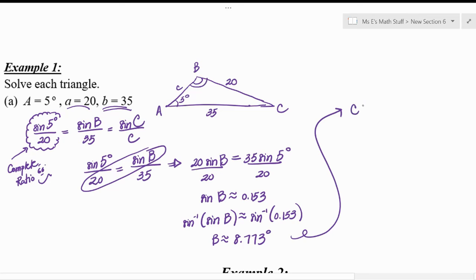So angle C would be 180 degrees, take away the 5 degrees for angle A, and then take away the 8.773-ish stuff. So you could just do 180, take away answer, and then take away 5, and you'd end up with 166.227, it looks like, degrees.